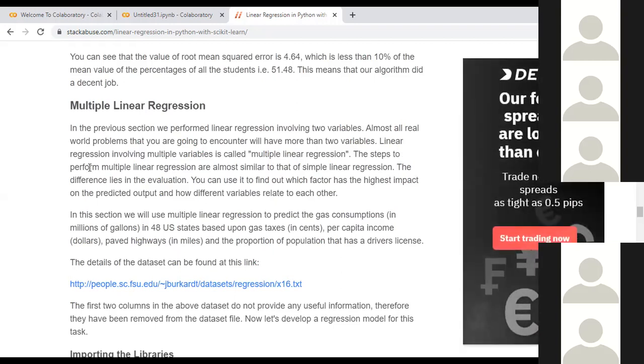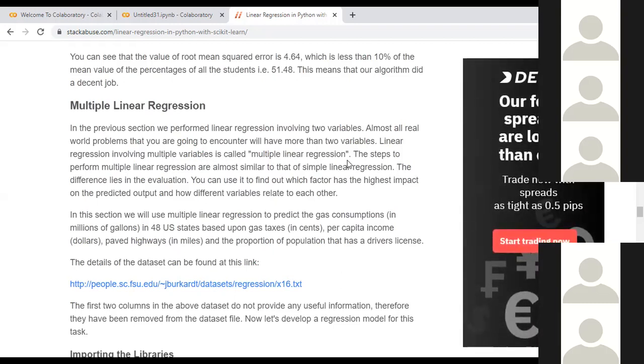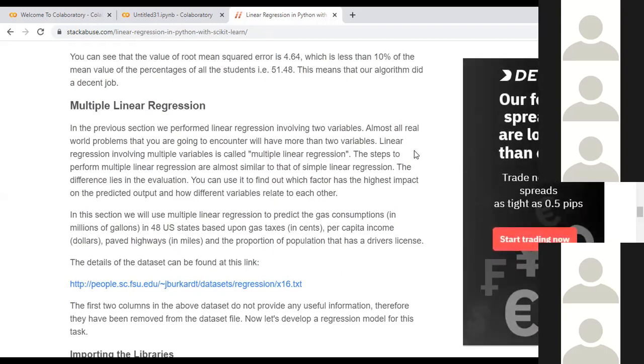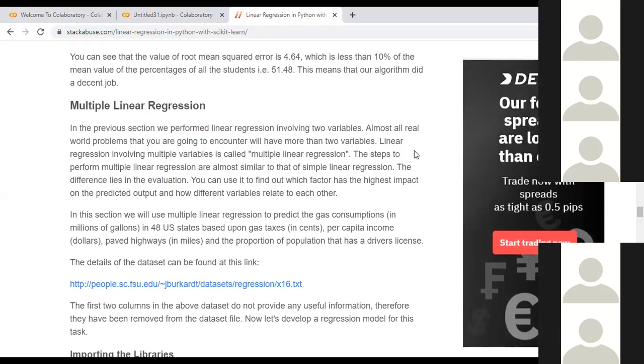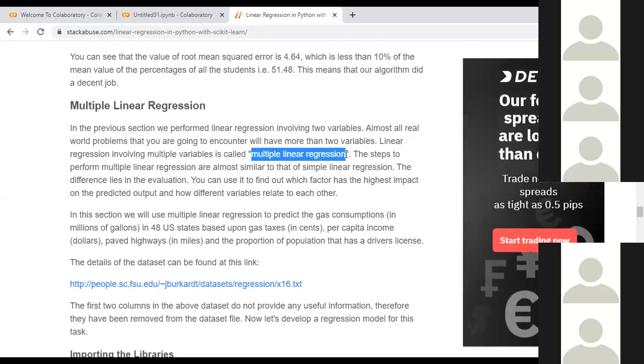Linear regression involving multiple variables is called multiple linear regression. That is why, when there is more than one predictor value involving multiple variables, it is called multiple linear regression.